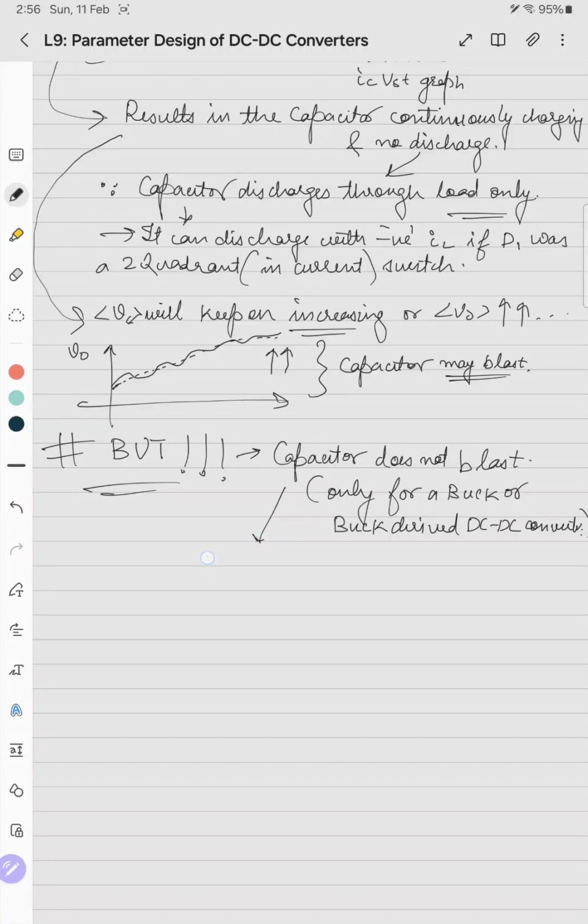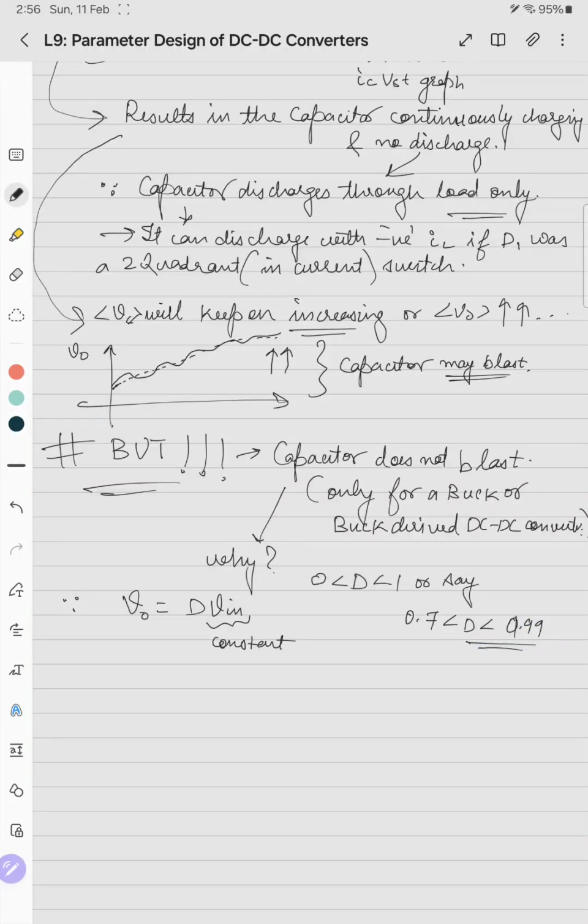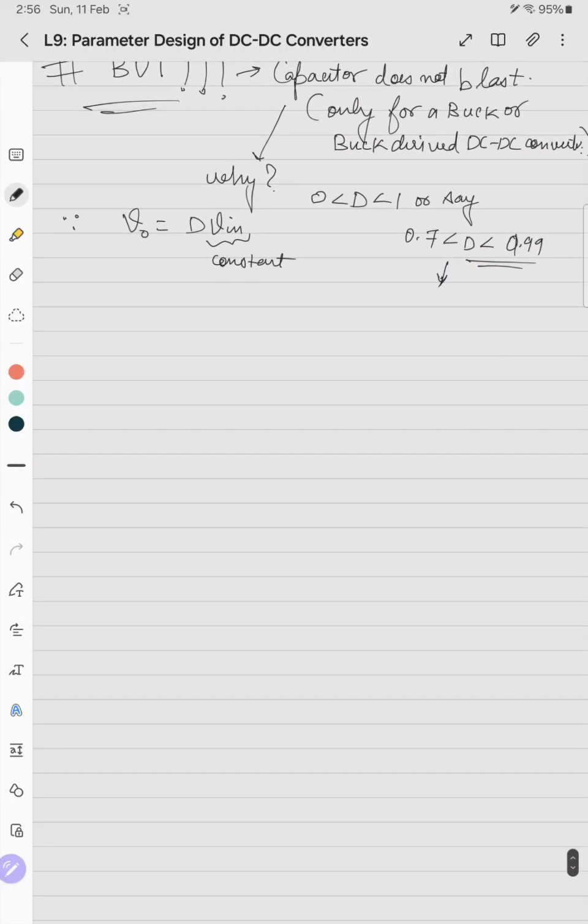Why does it blast? Because V0 is D into V in. So V in is constant and D lies between 0 to 1, or say from 0.7 to less than 1, or say 0.99. This is the preferred range of operation of the buck converter.